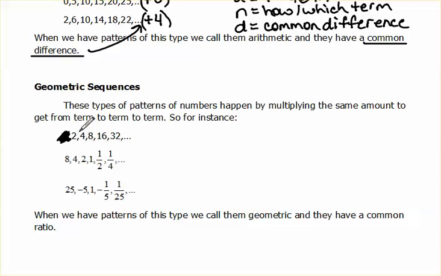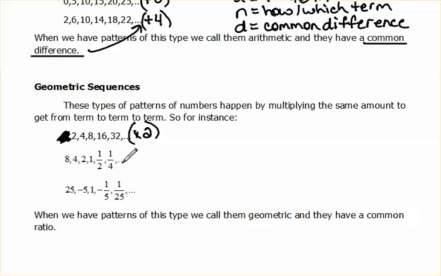So we have 2, 4, 8, 16, 32, and so on and so forth. Can you tell what we're multiplying by in order to get from one term to the next? It looks like we're multiplying by 2. So 2 would be the multiplier, and that's what makes it a geometric sequence.